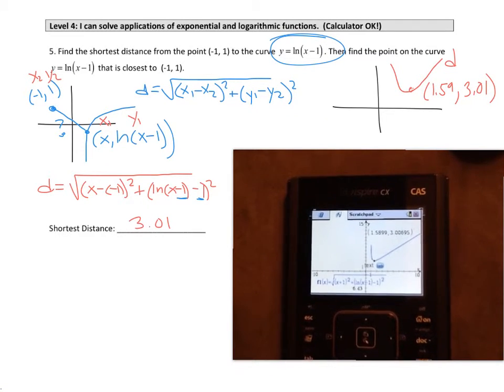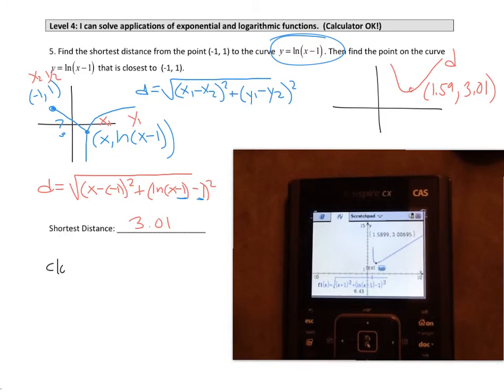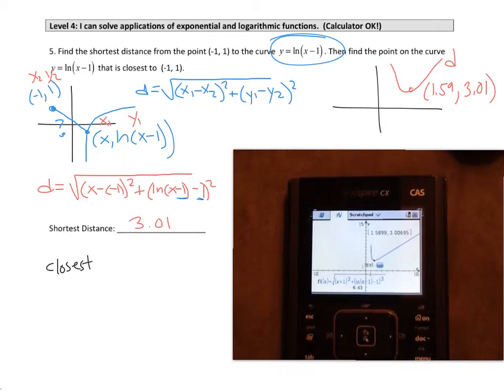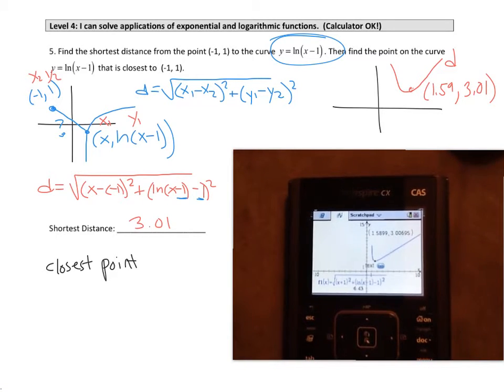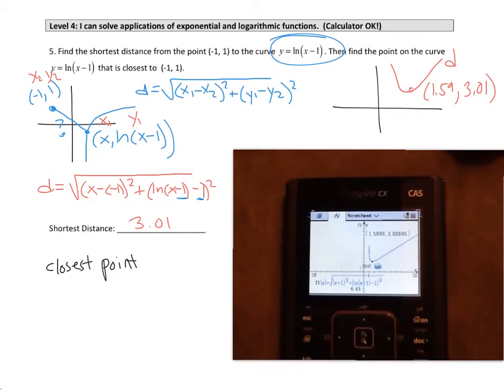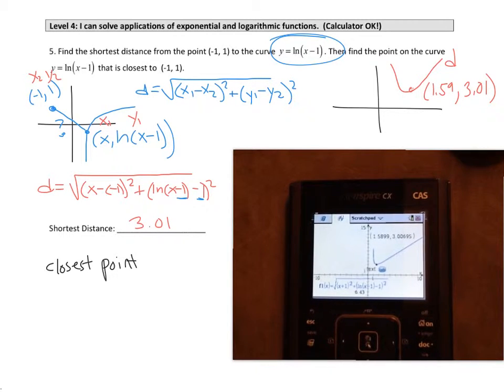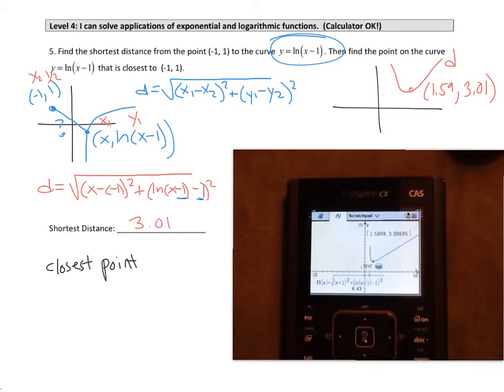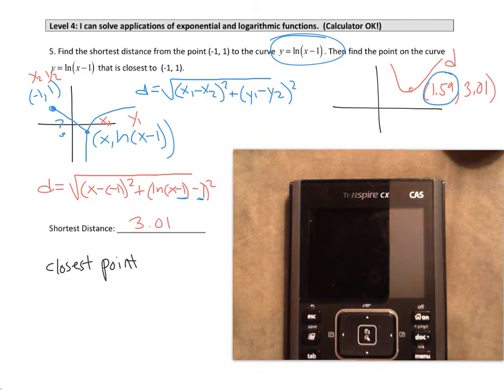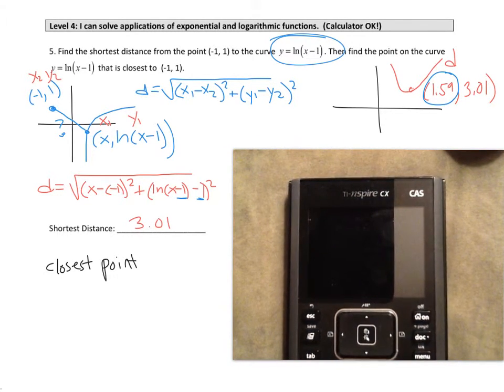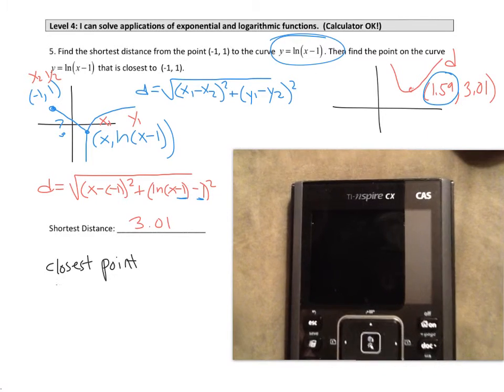The other part of this is the closest point on the graph, that unknown xy pair. What are the coordinates of that point? And to figure that out, the x value on our distance graph came from the x on our original graph. So it's the same x value. So that is the x value of our unknown point.